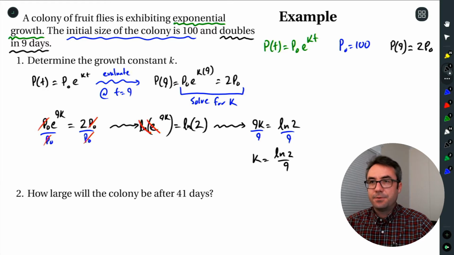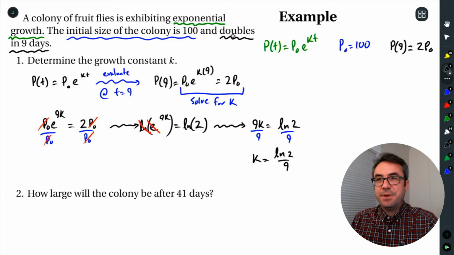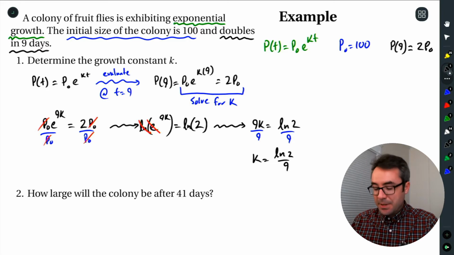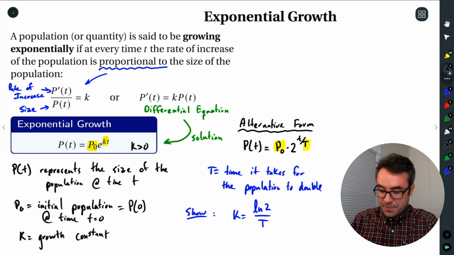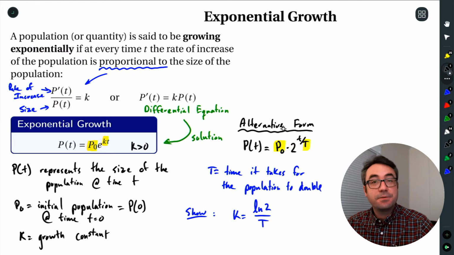Now, we were given this information that the population doubles in size every 9 days. So we could have also used this alternative form for our exponential growth equation, where it's P of 0 times 2 raised to the little t over the time it takes for our population to double.